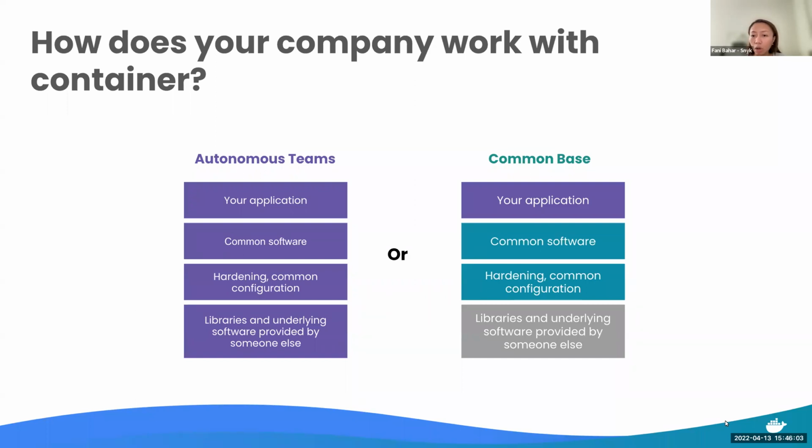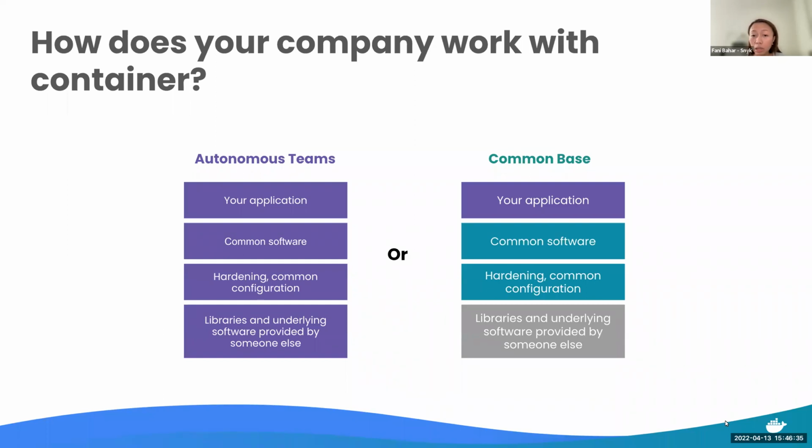This autonomous team will pick any base image that they want to use, and you need to make sure that every team has the relevant tools to always pick the right base image. You also need to find a solution that can secure the image from the user layer interaction, and make sure that each team scans the image every time before they push it to production.